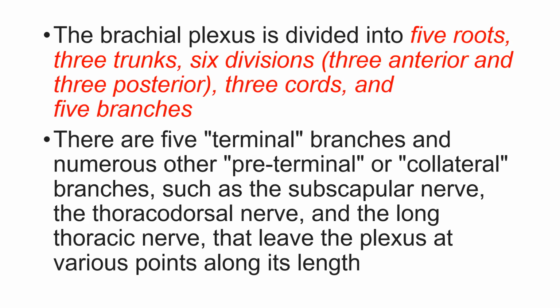There are 5 terminal branches and numerous other pre-terminal or collateral branches, such as the subscapular nerve, the thoracodorsal nerve, and the long thoracic nerve to the serratus anterior, the thoracodorsal nerve to the latissimus dorsi, and these leave the plexus at various points along its length.